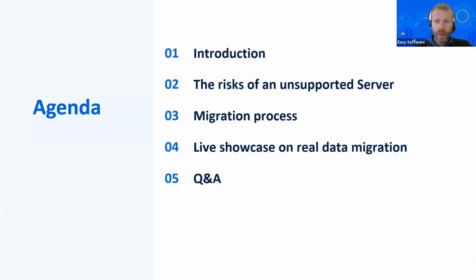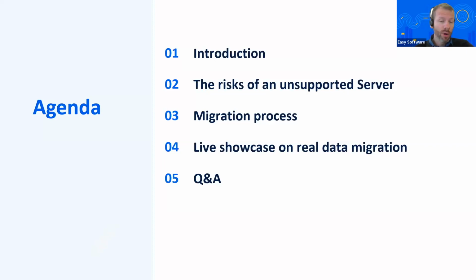Today we will be mostly discussing the potential risks if you stay on your own server installing the Atlassian products. Once you decide to go from Jira towards Easy Redmine, we will describe in detail what the migration process is, what data are included, what are excluded, and what the challenges are.